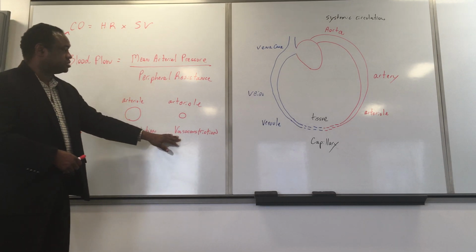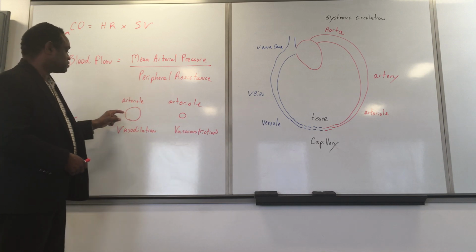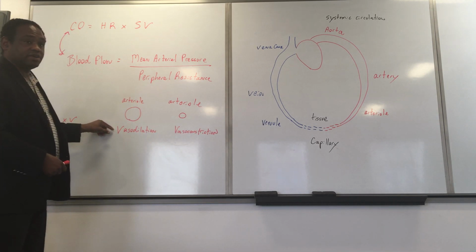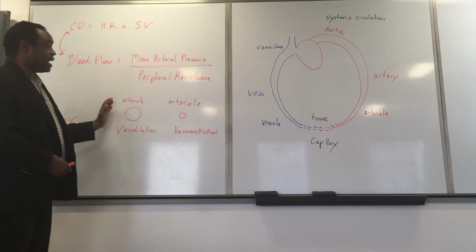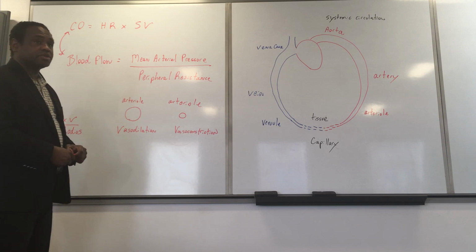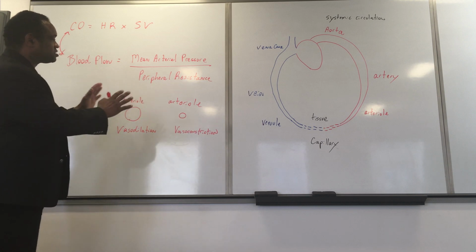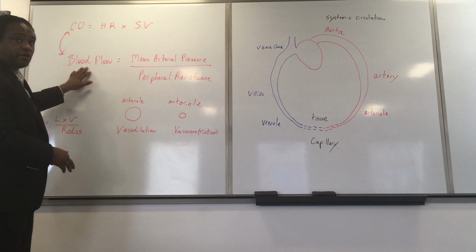Vasoconstriction: decreased radius, increased peripheral resistance. Vasodilation: increased diameter, increased radius, which means decreased peripheral resistance. That's just as simple as it gets, and it's very important because that's related to blood flow.